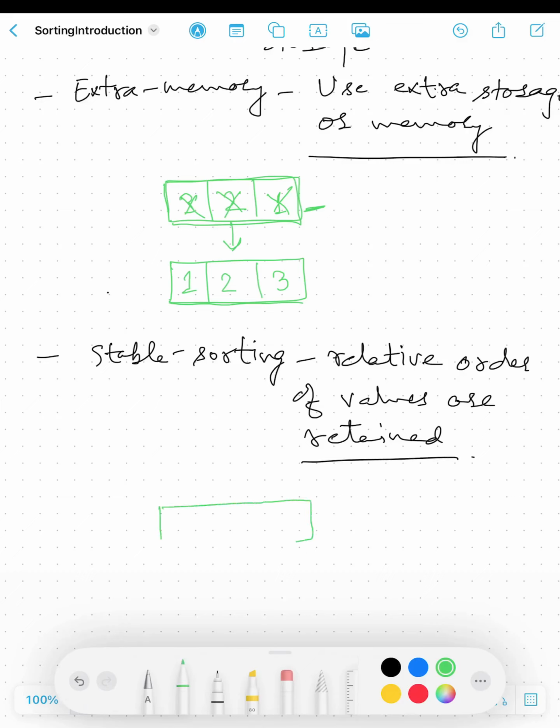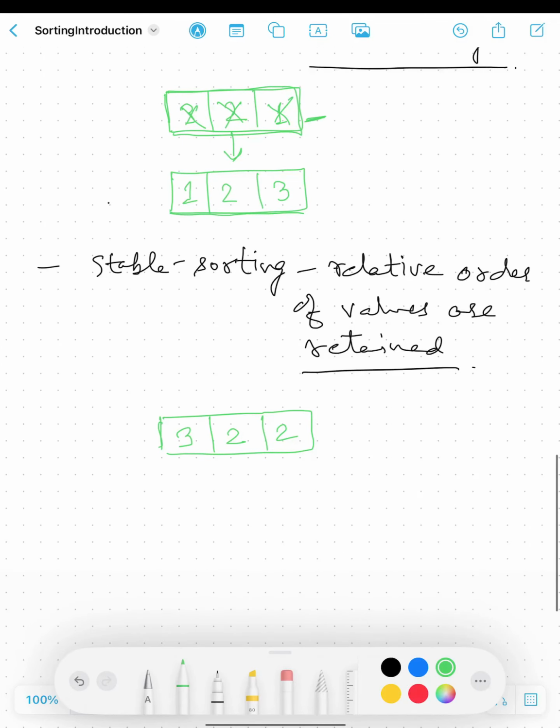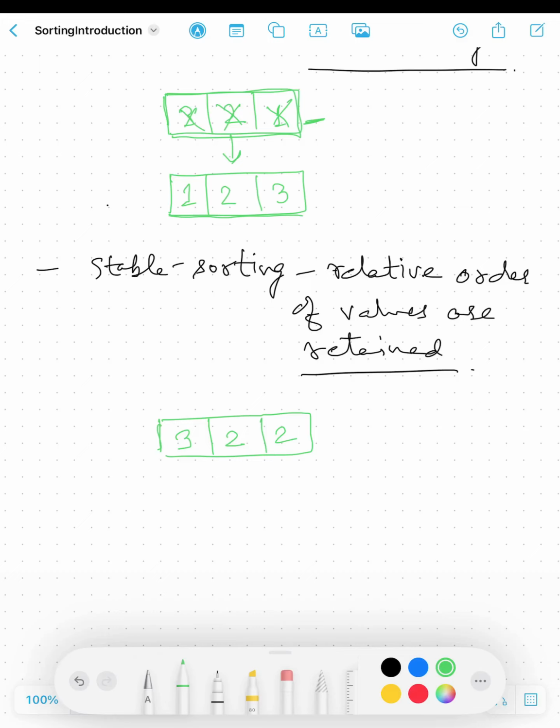This means, let's say we again have an array which has two values which are the same. So this is the first numeric 2 and this is the second numeric 2. When we do a sorting and let's say we are using extra memory, this should go here, this should go here, and this should go here.